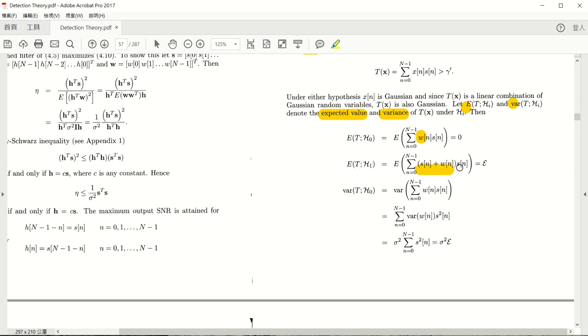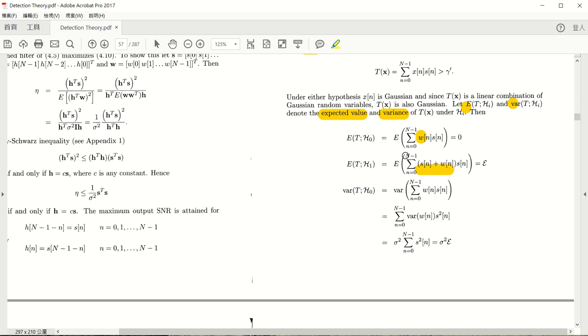What happens here is you have the expectation of S multiplied by S and then the expectation of W multiplied with S. But that W multiplied with S, when you take the expectation, is 0. As a result, you are going to have the expectation of S multiplied by S, and that's S squared, right?